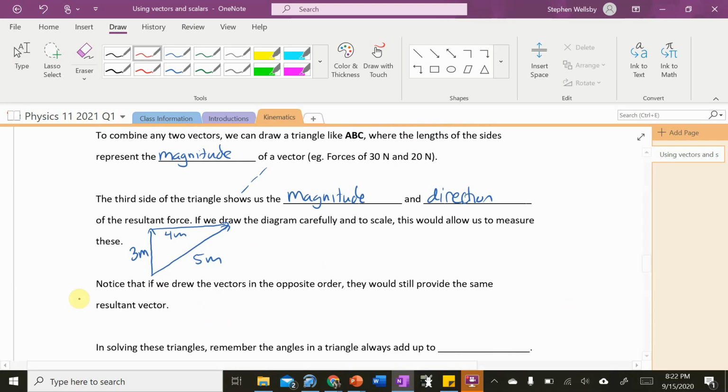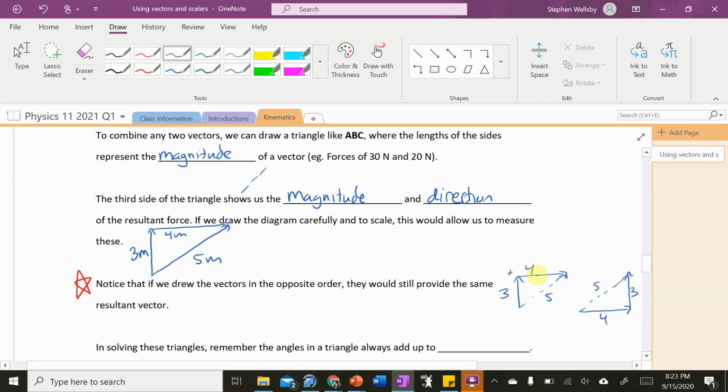And it's also important to note that if we draw the vectors in the opposite order, they're still going to give us the same answer. So let's say, for example, I've just drawn this up here. So I had 3 and 4, and this gave me 5. So I had 3 plus 4 equals 5. But hopefully you can see if I did 4 plus 3, I'm going to get the same answer here.